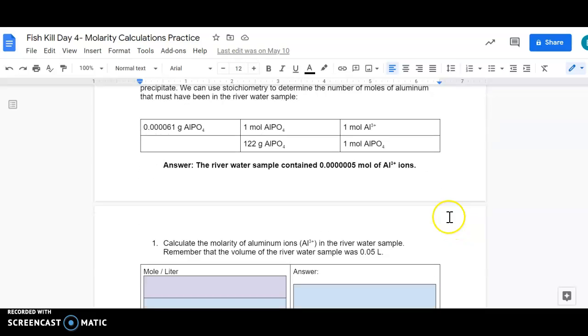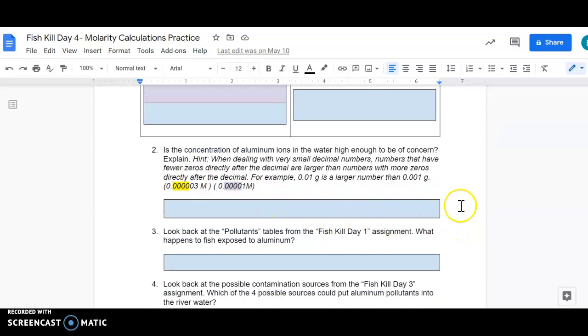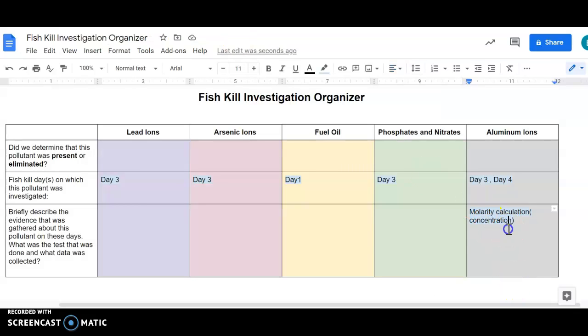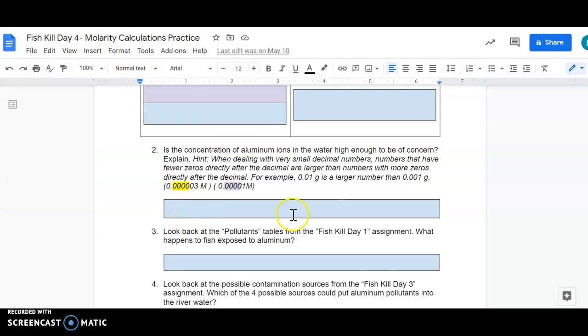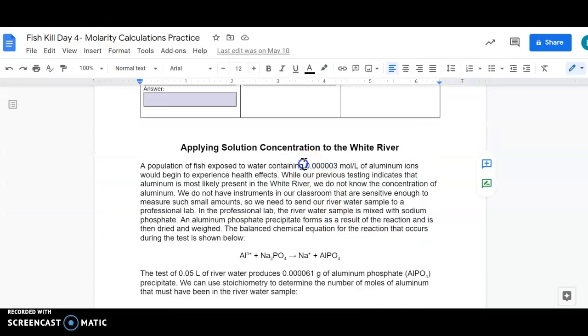How does your data compare? Some of your explanations here, if they were really good and descriptive, those are perfect to include right here. It says briefly describe what evidence you have. So if you already described your evidence previously, you can add that here. What was the test that was done? So how did we determine that this many ions were present?